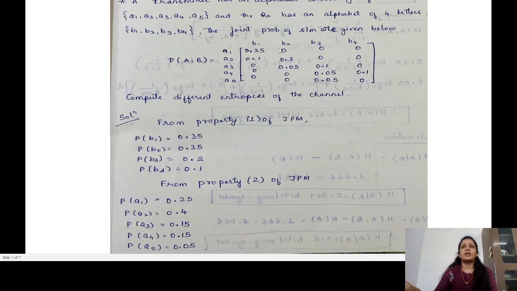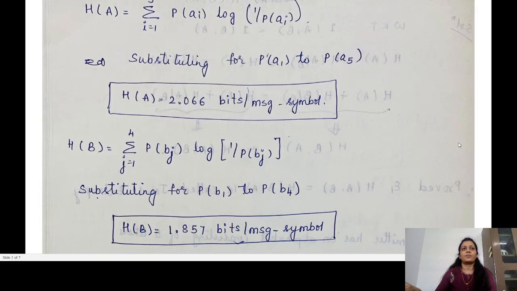Now add up the rows and you will get the probabilities of the input symbols. For A1, the first row; for the probability of A2, it is 0.1 plus 0.3, which is 0.4. For the probability of A3, it is 0.05 plus 0.1, that is 0.15. Similarly, we can obtain the probabilities for the other symbols, A4 and A5.